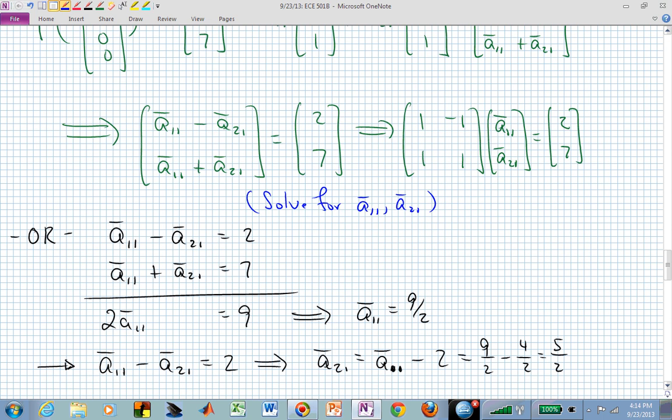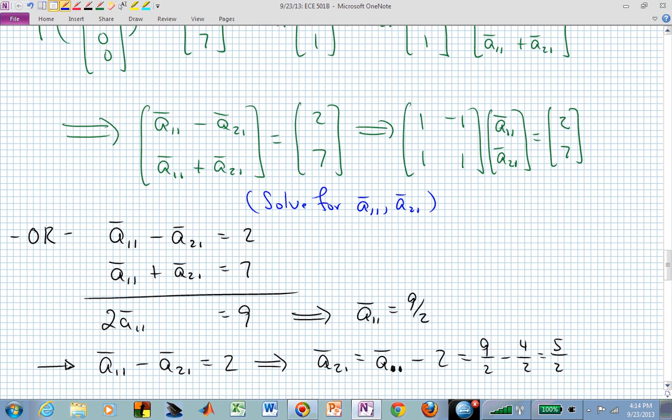We can simply add those 2 equations together since we have this nice coefficient relationship on the second one, and if we added the 2 equations, that second coefficient is going to be eliminated from the result, and now we simply have 2 A11 bar equaling 9.